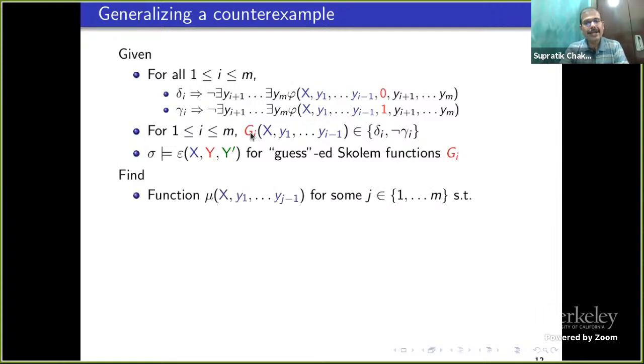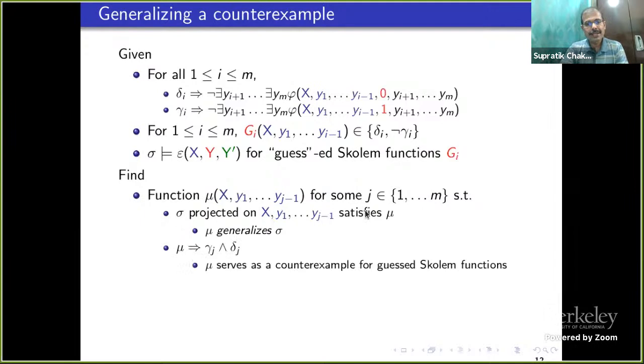And so the generalization process says: let me find a function mu in terms of x and y1 through y(j-1) for some j. Remember, this was the format in which we were guessing the Skolem functions. So let me find a function mu which generalizes sigma, in the sense that sigma projected on these variables satisfies mu, and mu also implies gamma j and delta j.